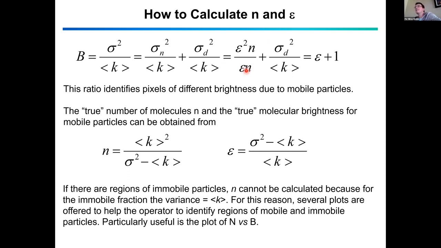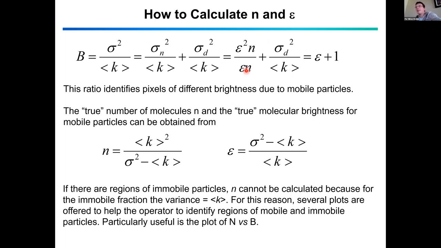This means that if you have a system where the molecules are immobile, so they don't give you any number fluctuations because they cannot move, the brightness that you measure should be 1. And once the molecules move, the effective brightness you measure should be larger than 1.